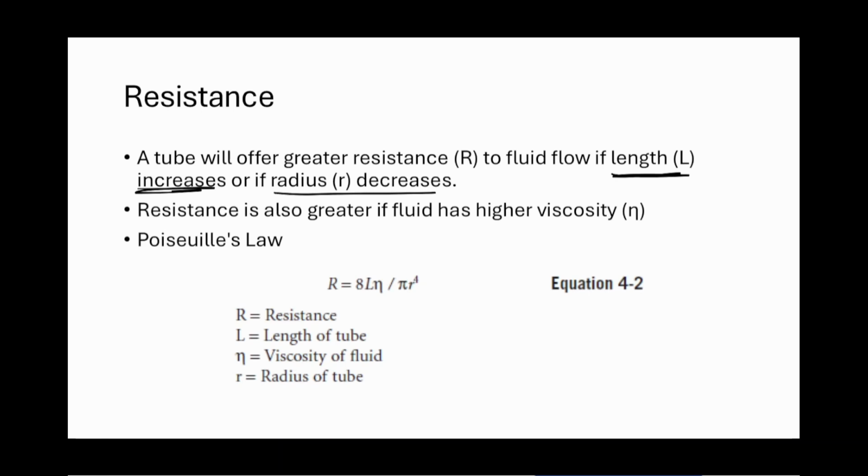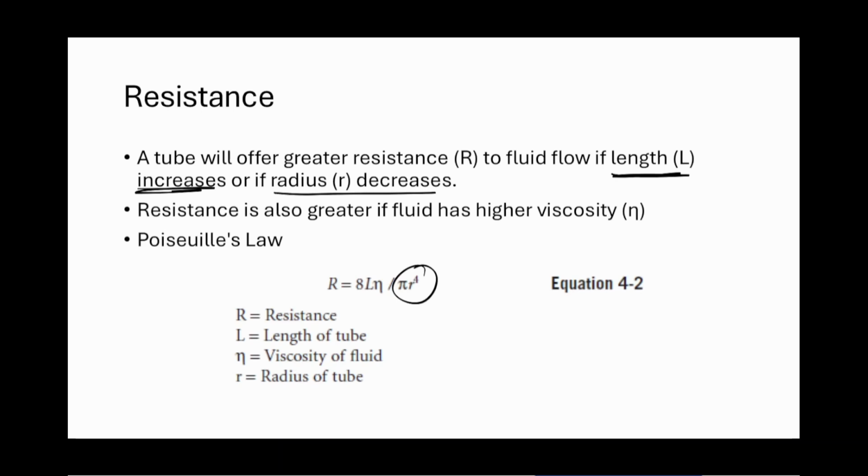Okay? So if you vasoconstrict the vessel, the radius gets smaller, the resistance through that tube goes up. And it's a factor of 4. It's the 8ηl, we'll go over those in a second, over π r⁴.